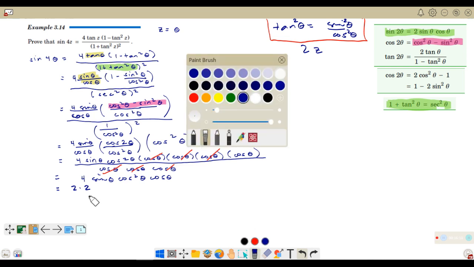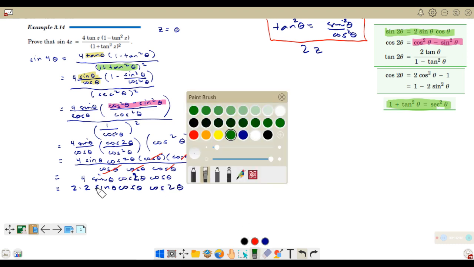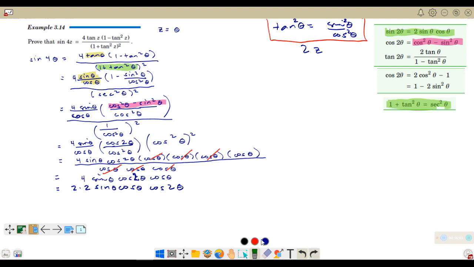So, if we write sine theta, cosine theta beside each other, this is cosine 2 theta. And then sa dulo is cosine 2 theta. This whole expression here, 2 sine theta cosine theta, can be written as sine 2 theta. Okay?